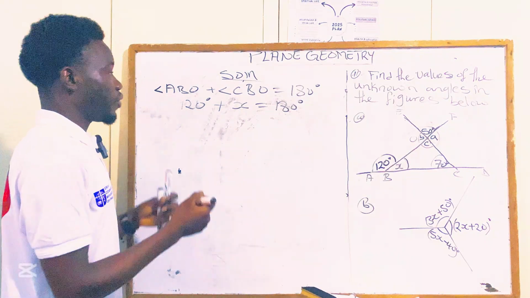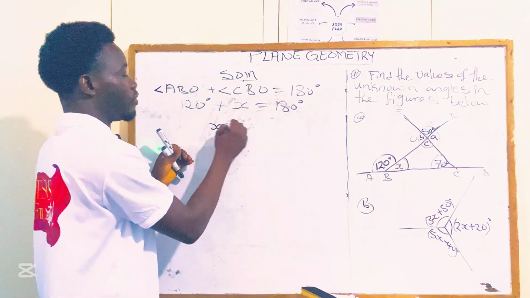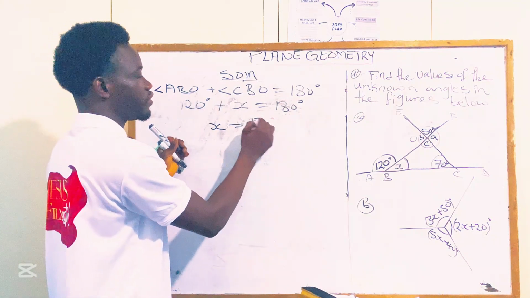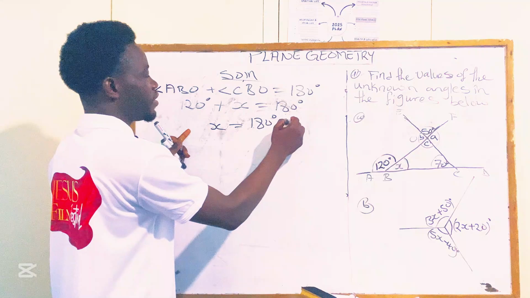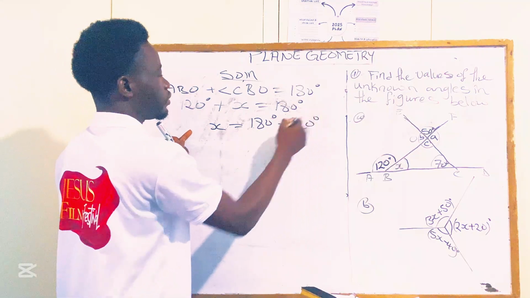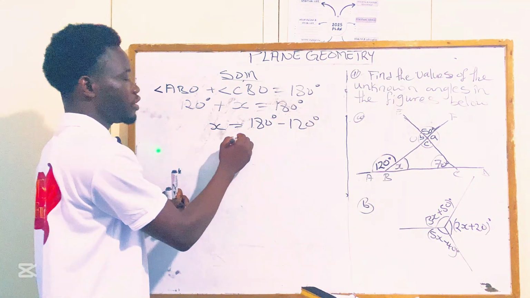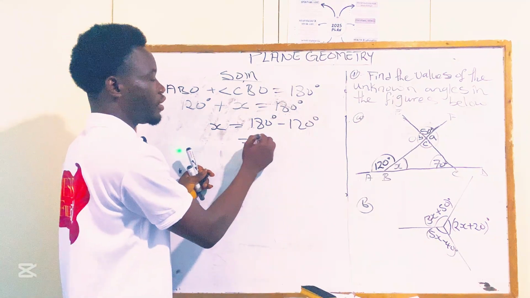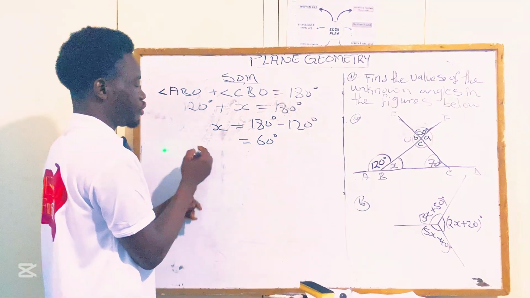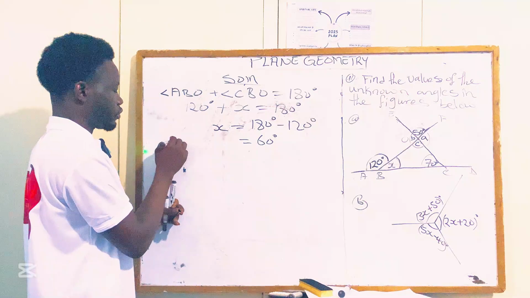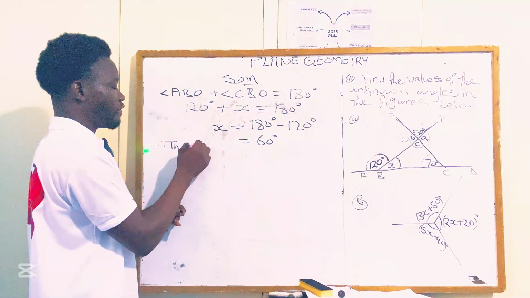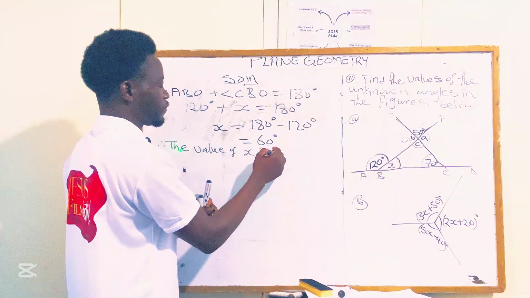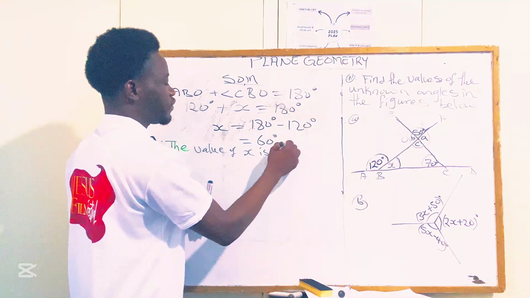Right? Now we can simplify. We are looking for X, so we'll maintain the X at the left hand side. We'll pick the 120 across the equal sign to become negative. We subtract 180 minus 120, that will give me 60 degrees. So the value of X is 60 degrees.